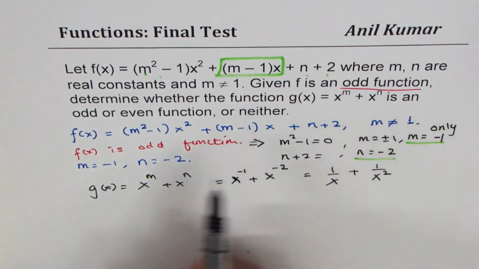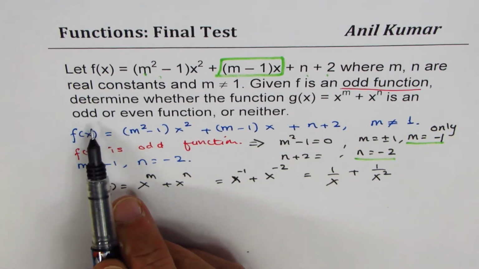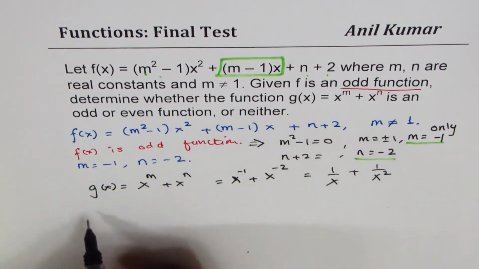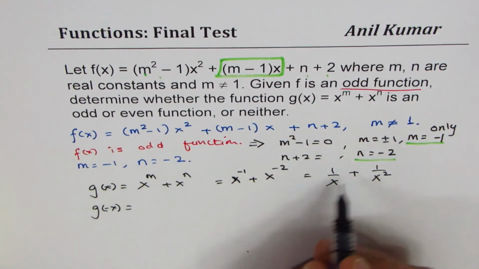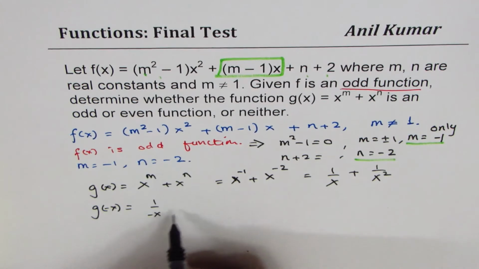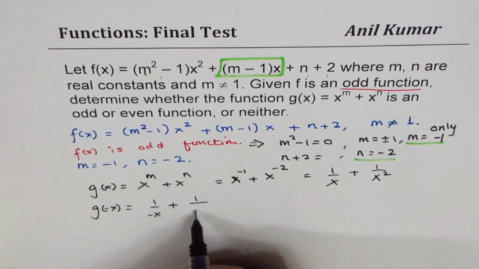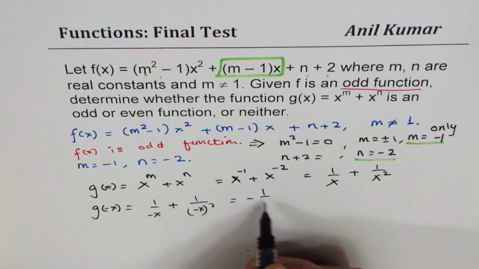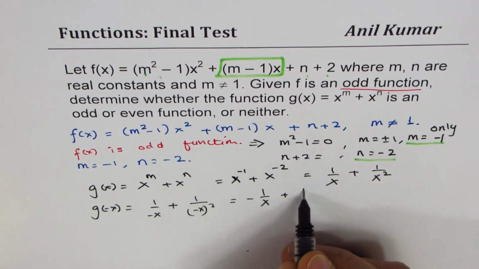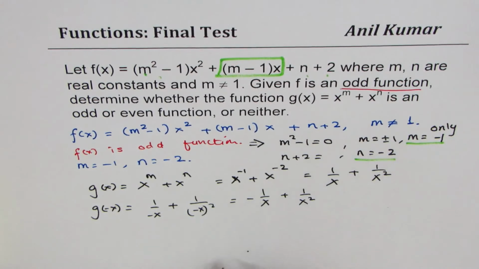We need to figure out whether g of x is odd, even, or neither. So basically, let's find what g of minus x is. G of minus x will be 1 over minus x plus 1 over minus x whole square, which is minus of 1 over x plus 1 over x squared.